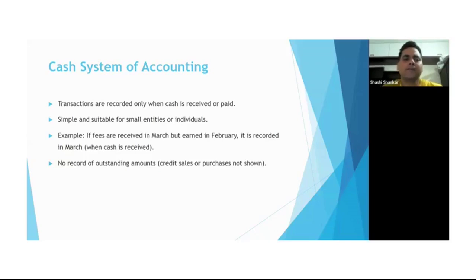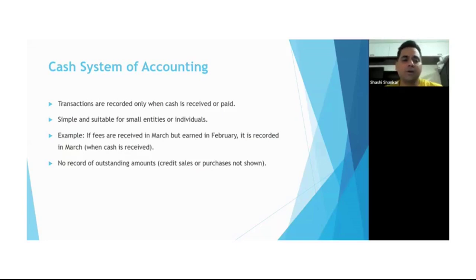For example, if fees are earned in February but received in March, it is recorded in March only, not in February, right? Because cash is received in March instead of February. So this system is known as the cash system. If it is received or if it is paid, then and only then is it recorded in the books of account.